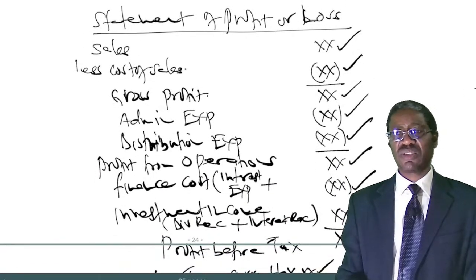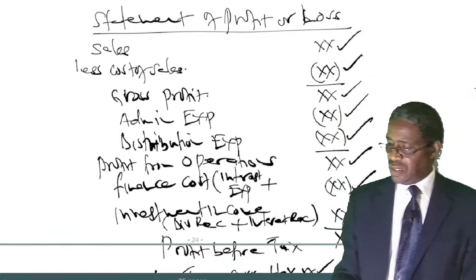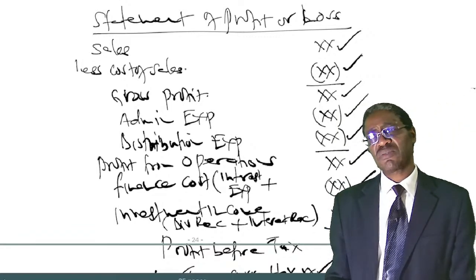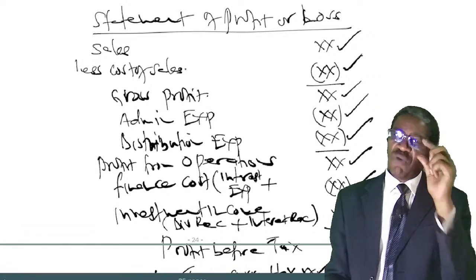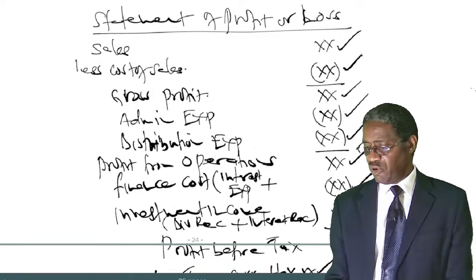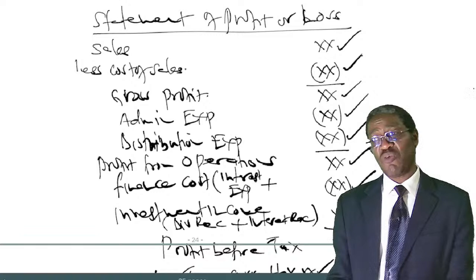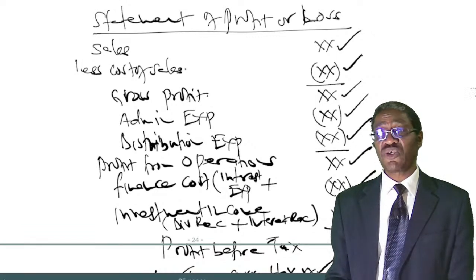Then you see this, another paragraph. The following is the format of the statement of profit or loss.